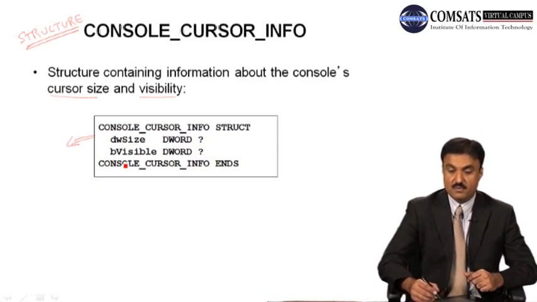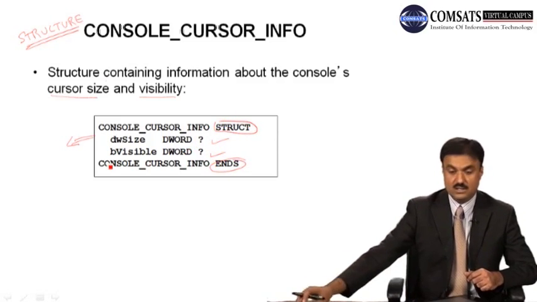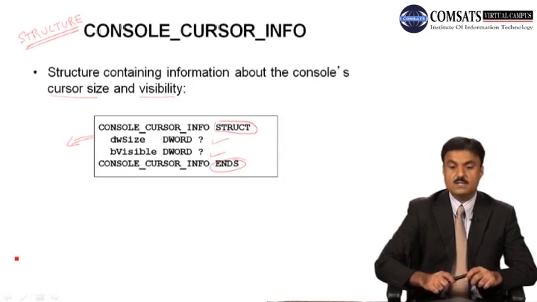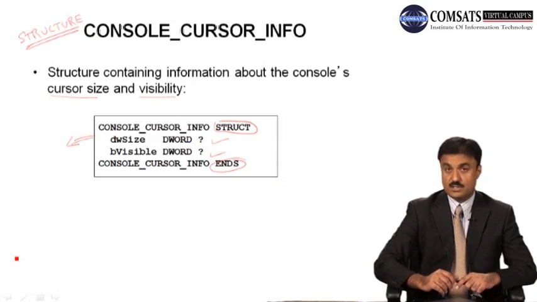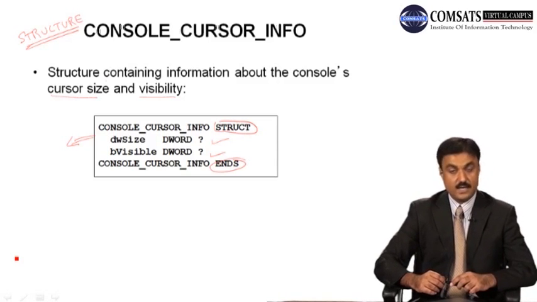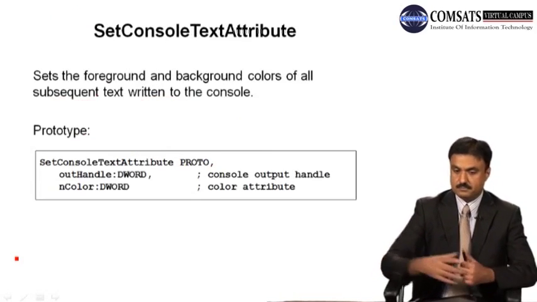So size and visibility information. Here is a double word for the size and we have the visibility. So this is the structure and end of the structure. If you want to set or get information about the cursor, you use the console cursor info structure, and if you want to set the location of the cursor or its XY positions, you can use the coordinate structure and so on.